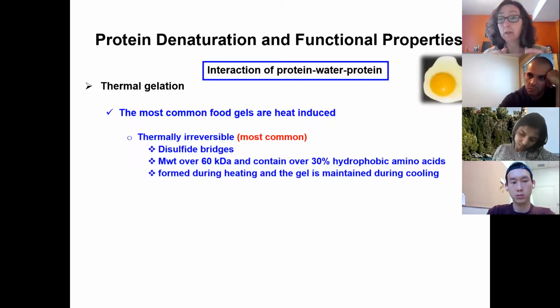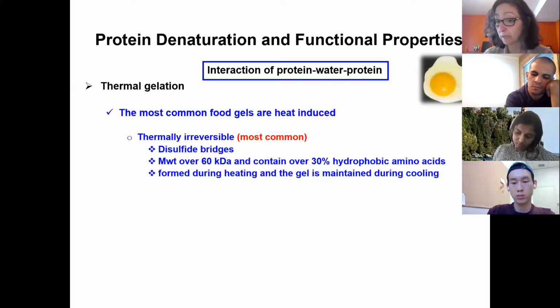And we have high sulfhydryl groups that will form disulfide interchange and then form disulfide linkages, which are hard to break. So then we form an irreversible type of gel upon heating.